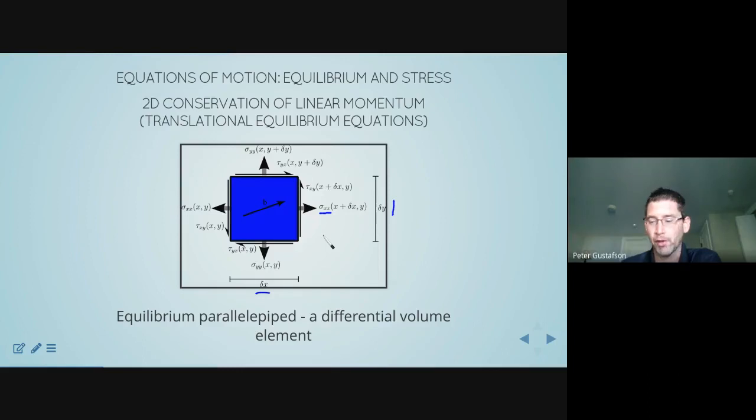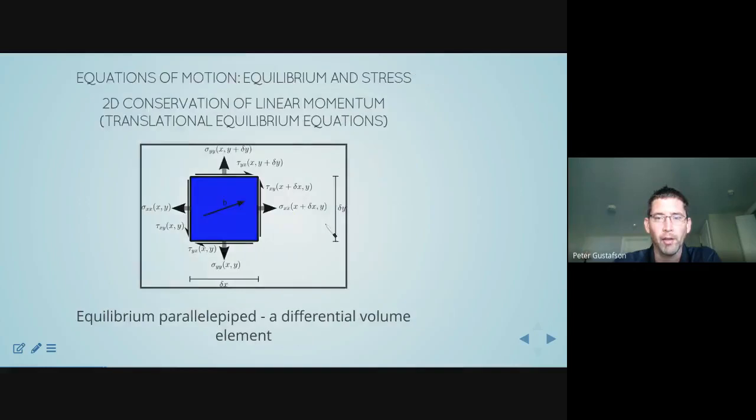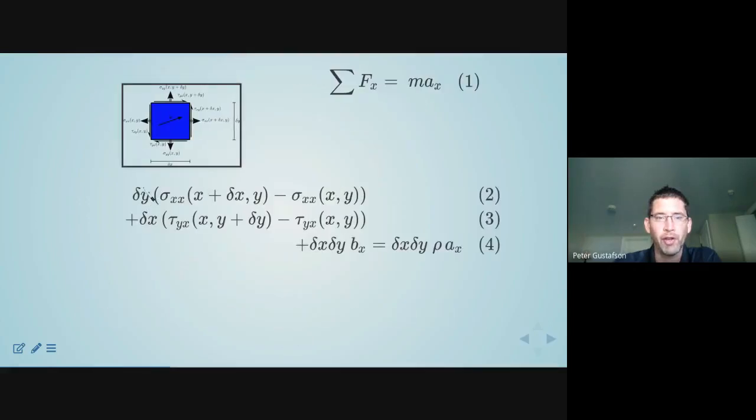We've got, implicitly, a delta z too, although in this two-dimensional world, we're going to assume that is a unit width in that depth direction. So therefore, the sum of the forces from this component here, sigma xx, is going to be sigma xx at position x plus dx.